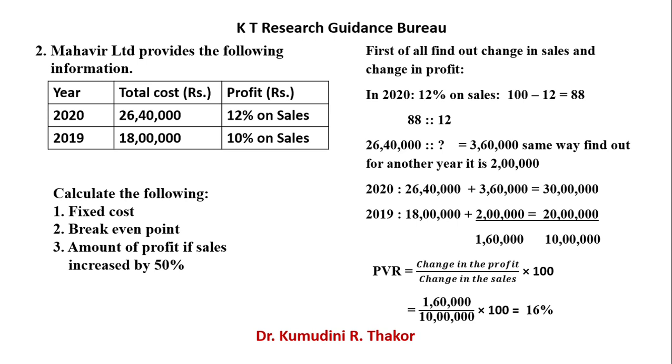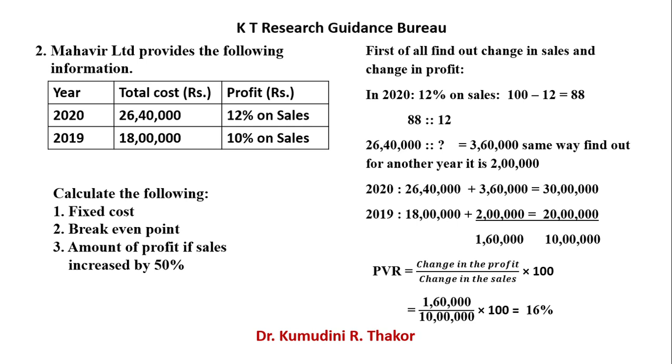How we can calculate? Cost is given, percentage of profit is given. So easily we can find out profit. How can we find out? In 2020, 12%.